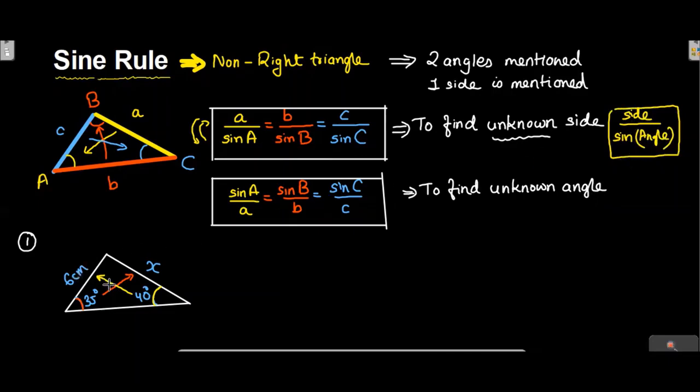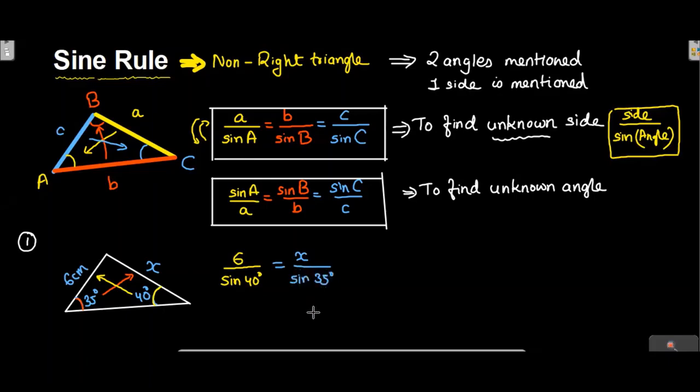Now here there are two sides given to us, 6 centimeter and 40 degree. Since we are finding the unknown length, we will write the value 6 first, because that is a side, and just opposite of that side the angle is 40. So sine 40 degree, equal, the other side is x divided by the opposite angle of that side, which is 35, that is sine 35.